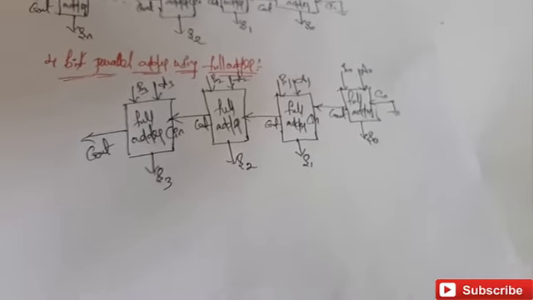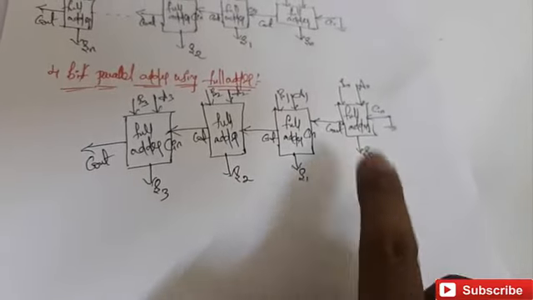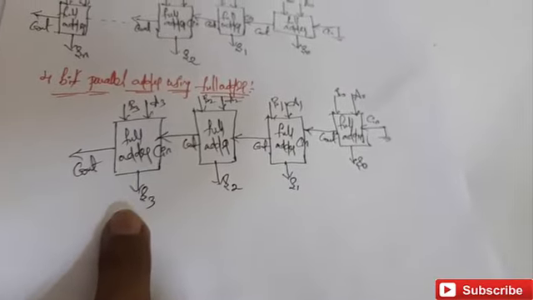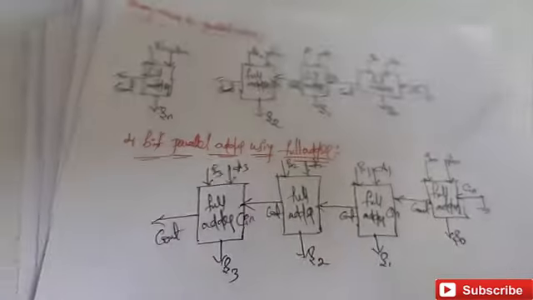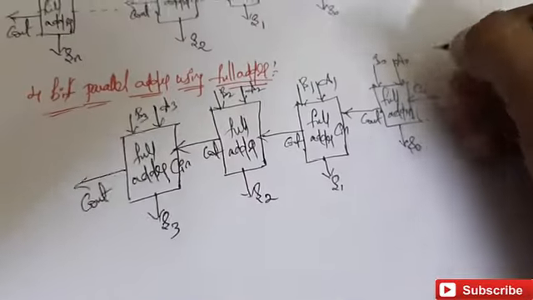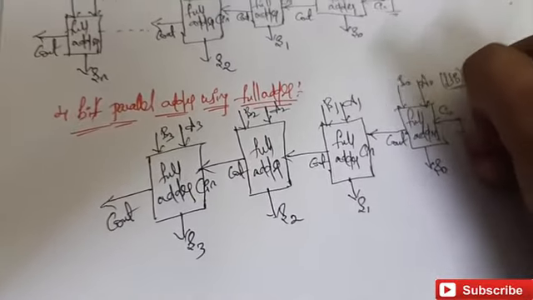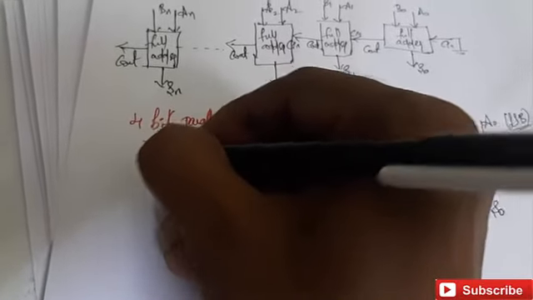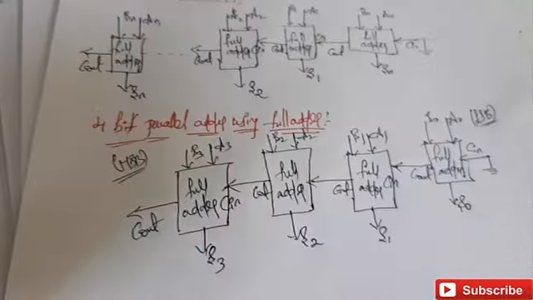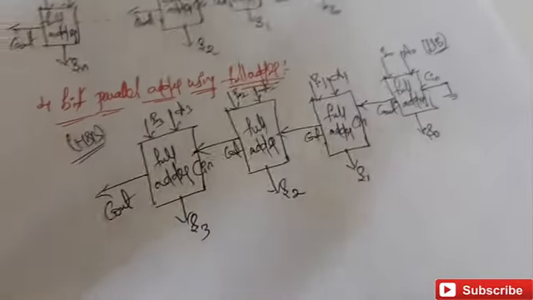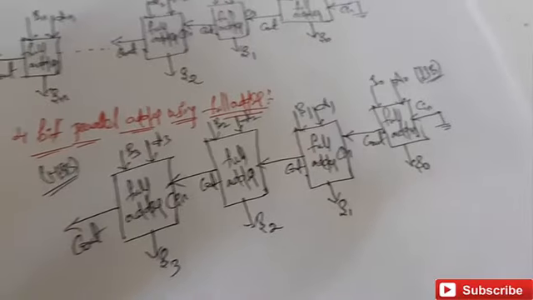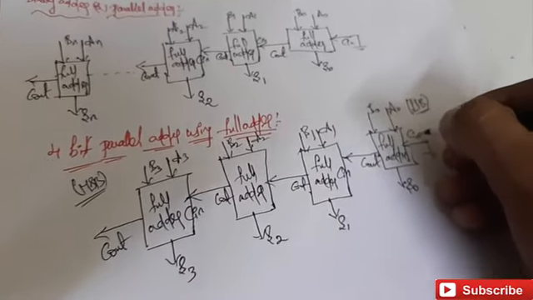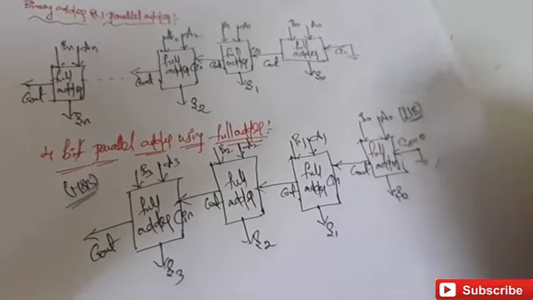Right? Here you can observe S0, S1, S2 and S3. You will get 4-bit output. Now this will become the LSB and this will become the MSB. If you take this C input as 0, grounded means 0.